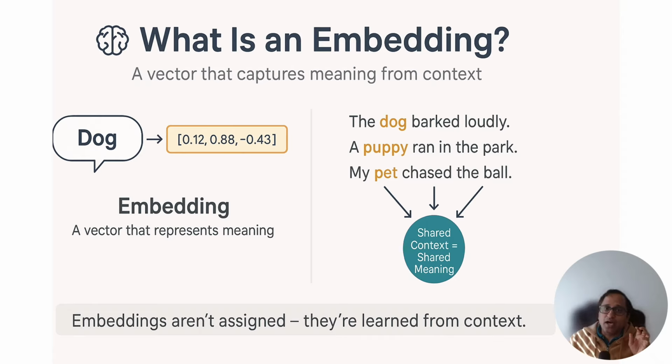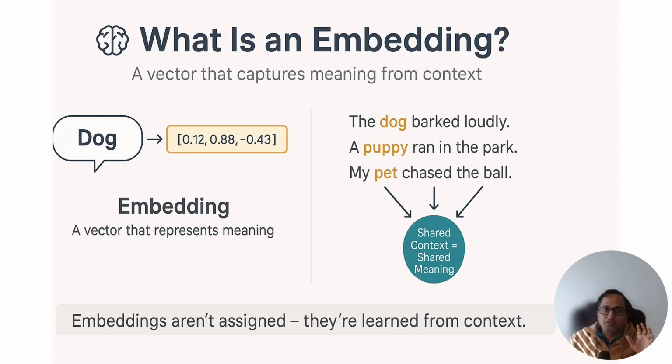Let's see how this vector becomes an embedding. The vector has to become an embedding to represent a meaning. An embedding is a vector that represents a meaning, not just the form. It is created by training on billions of sentences, observing how words appear together.